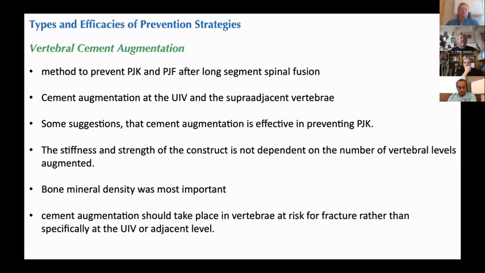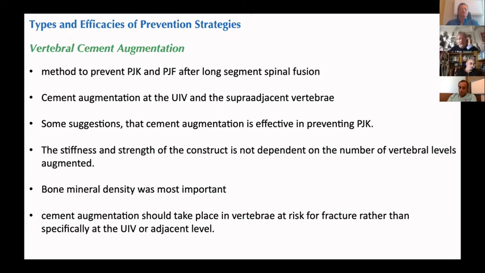There have been studies about that, and there is in fact no real evidence that this makes a big difference. Of course, it is probably more important to decide for vertebral cement augmentation on the basis of the bone mineral density. This is the more important factor than whether you will put cement in the instrumented vertebra or not.